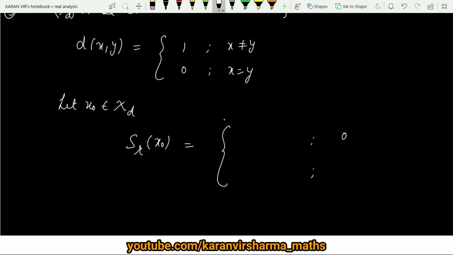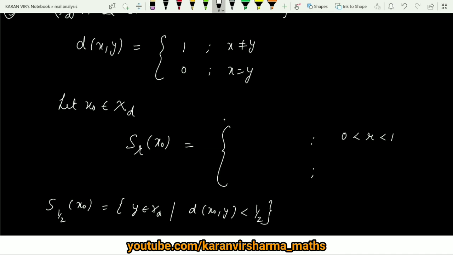If my r is lying between 0 and 1, let it be half, and you are going to calculate the open sphere about the point x0, it will be the collection of all the y's coming from X such that the distance between x0 and y is less than half. But the distance between the points is 1 or 0. If x is not equal to y, it is 1, otherwise it is 0.